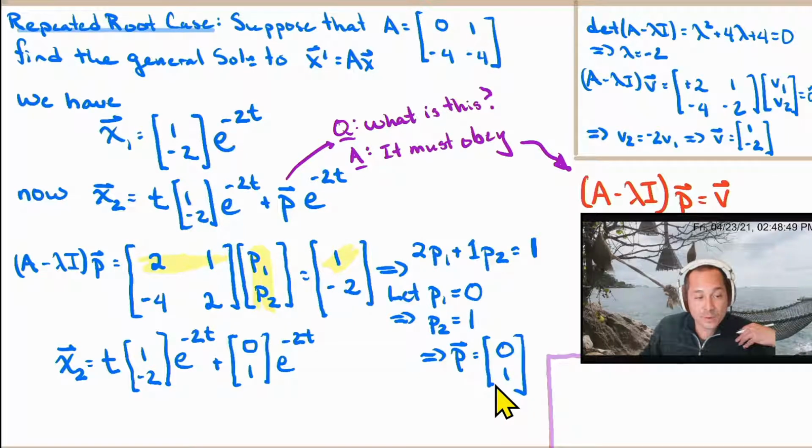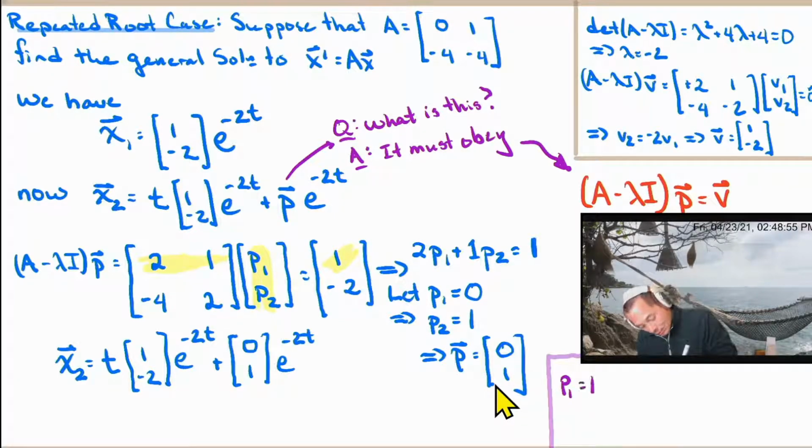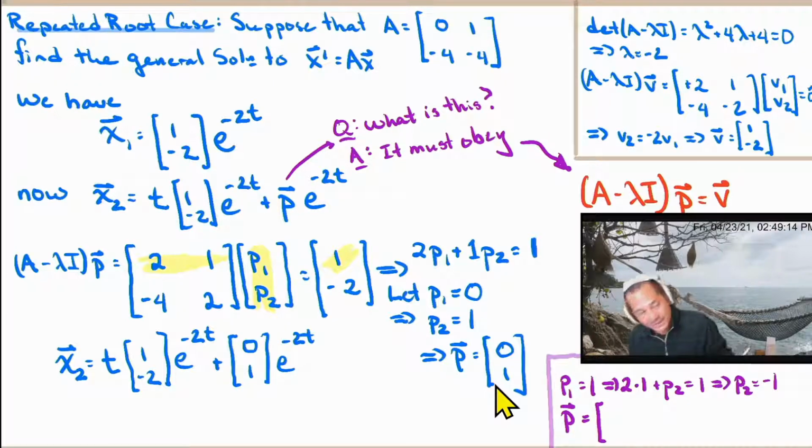Now, if that makes you uncomfortable, I was doing it for correspondence, but you could have just said, let P1 equal 1, which is totally normal. Then if P1 is equal to 1, I have 2 times 1 plus P2 is equal to 1, so P2 becomes negative 1, and then my generalized eigenvector P could have been as well the vector (1, negative 1).